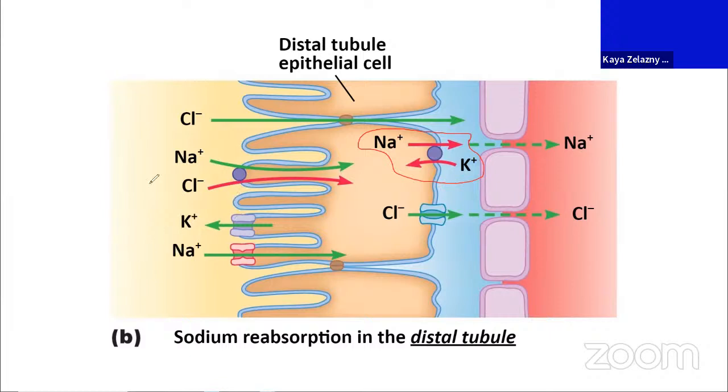But when we are thinking about our principal cells, which are going to be on the following slides, what we want to notice is that in the distal tubule, one of the ways that we are moving sodium and potassium across the apical membrane, now, it's not secondary active transport, but we're straight up just opening channels.